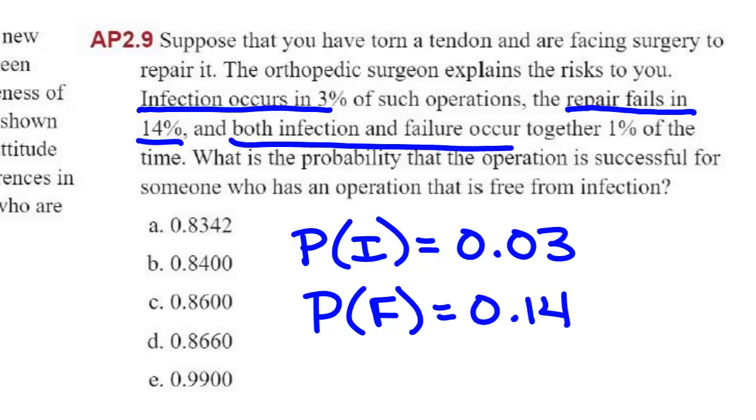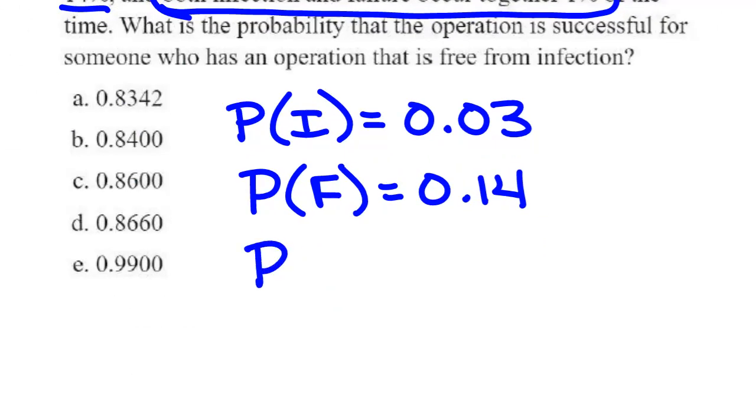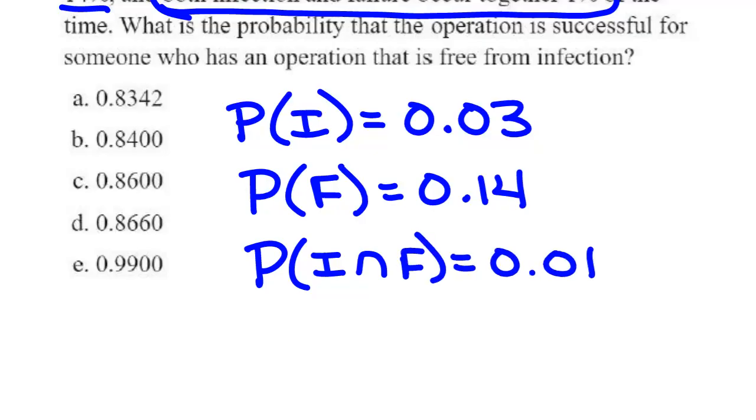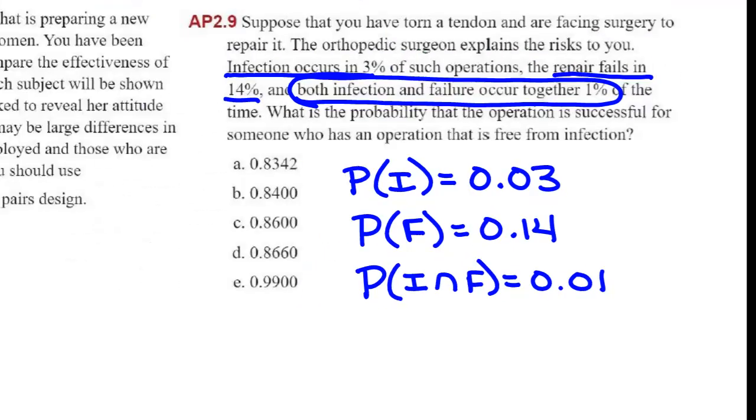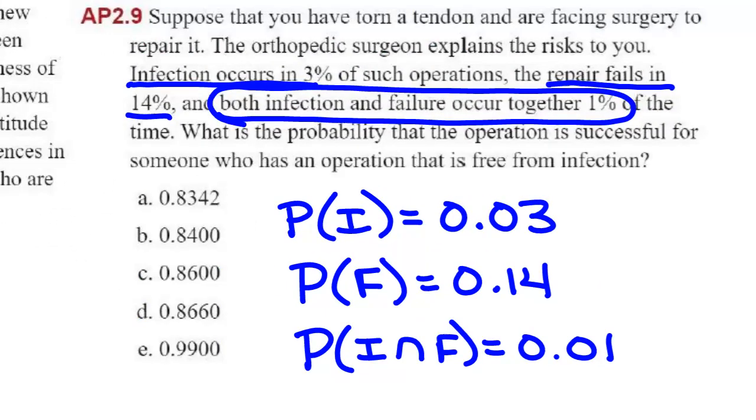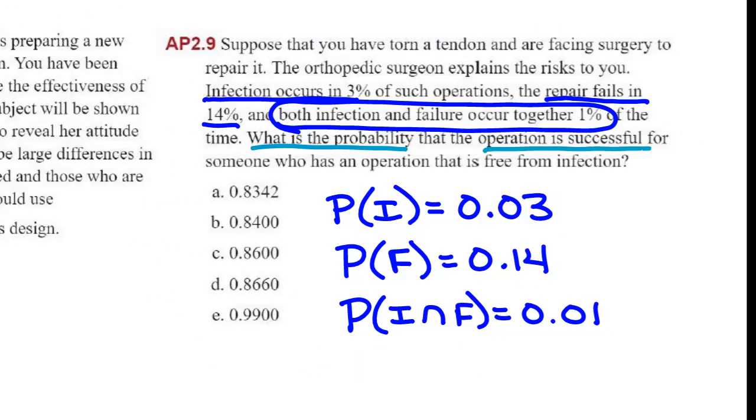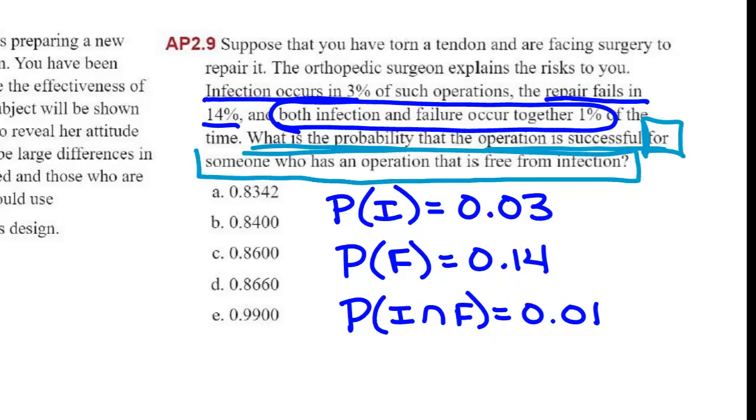And the probability of both occurring together is 1%. So the probability of infection intersect failure, 0.01. We want the probability. What is the probability that the operation is successful for someone who has an operation that is free from infection?